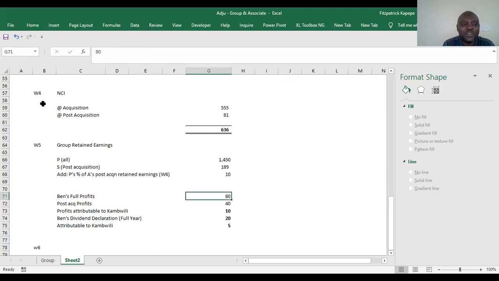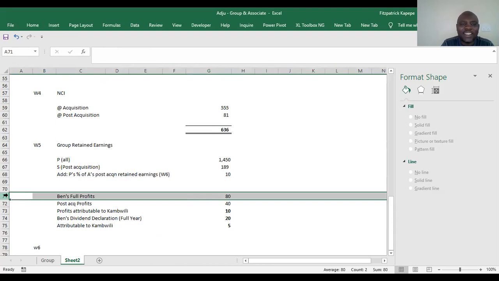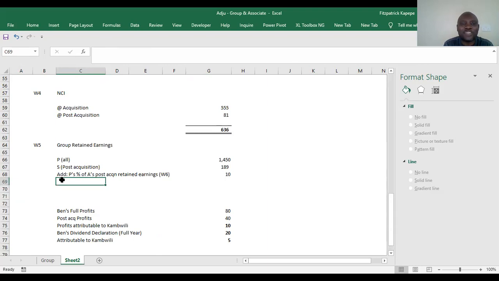5. So meaning that in the group retained earnings, these dividends will be actually removed, because first the profits have been given, then from that profit we're subtracting the dividends. So here we'll say less dividend, which is minus 5.